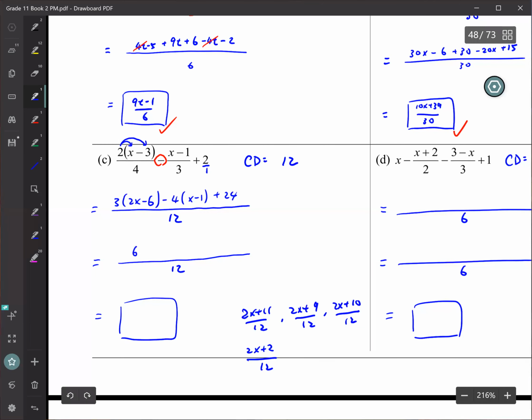Okay, where does the 9 come from? Wait, sorry. 18. Yes, okay, 6x minus 18. Continue. Negative 4x plus 4. Plus 4, go on. And plus 24.